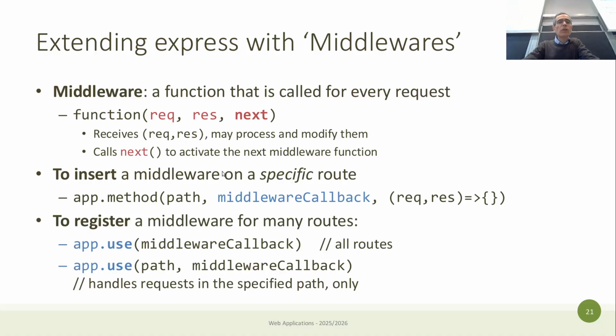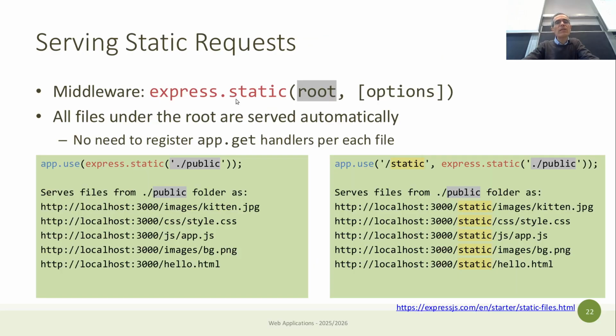I don't want to stay too much on these things. Let's just see a couple of useful middlewares. Like static: with app.use you add it, and every request will be passed to this Express static middleware. This comes from Express. You don't have to import anything in addition.